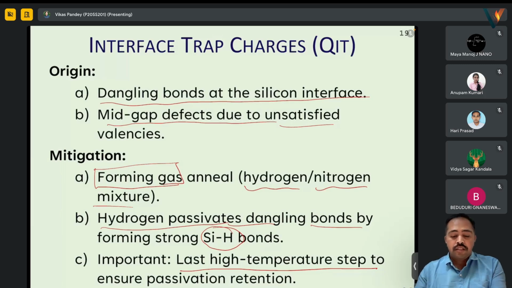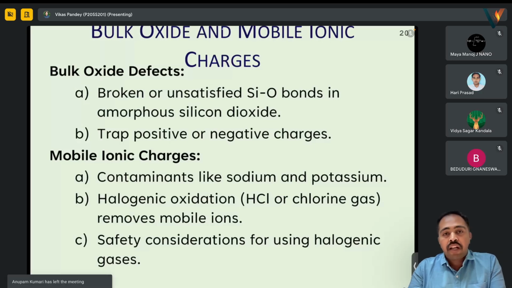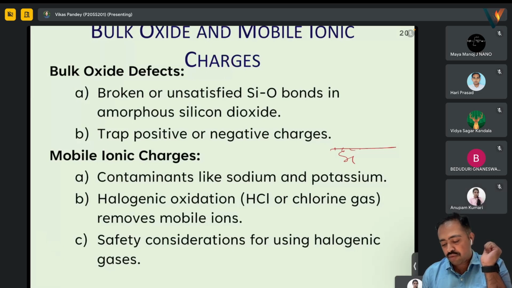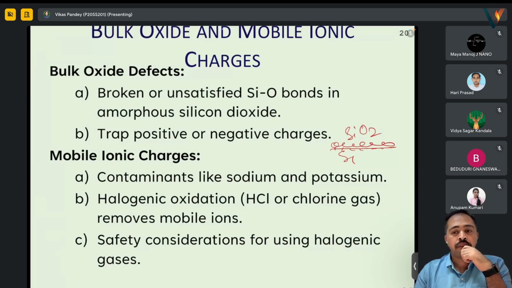Then there are bulk oxide and mobile ionic charges. These are due to broken or unsatisfied silicon-oxygen bonds in amorphous silicon dioxide. Till now we were talking about problems in silicon, but there can also be problems in SiO2, like some unsatisfied bond of silicon oxide.